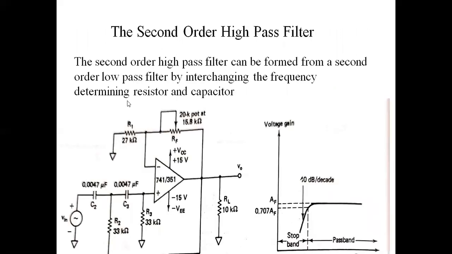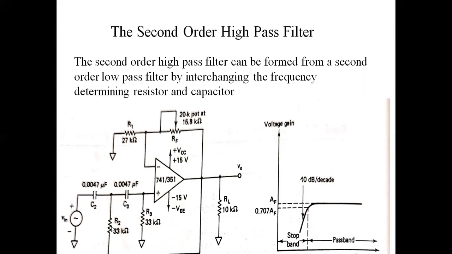Okay, and now we will go to the next topic, that is the second order high pass Butterworth filter. Here also, the second order high pass Butterworth filter can be formed from a second order low pass filter by interchanging the frequency determining components, the resistors and capacitors.